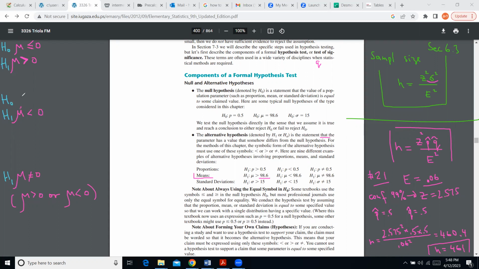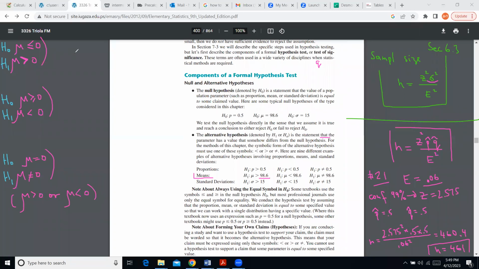So I can say mean is greater than or equal to zero, the opposite. And for the third case, the opposite to not equal will be equal, right? So we got the so-called hypotheses set up for those three different possibilities. So it's always going to be one of these three cases.